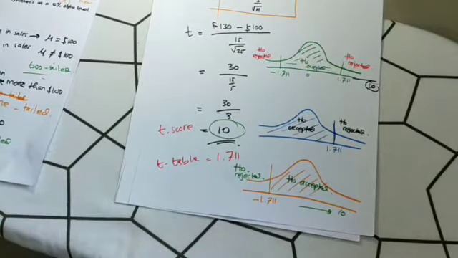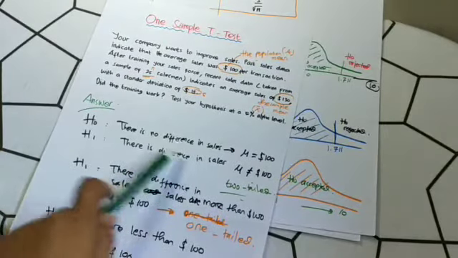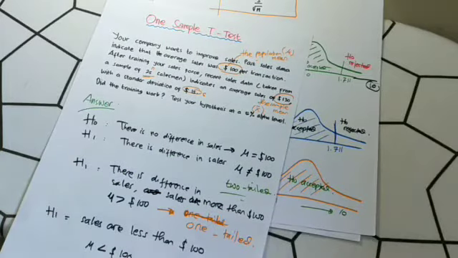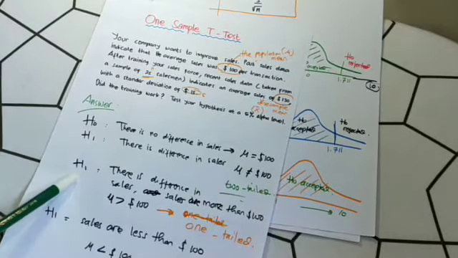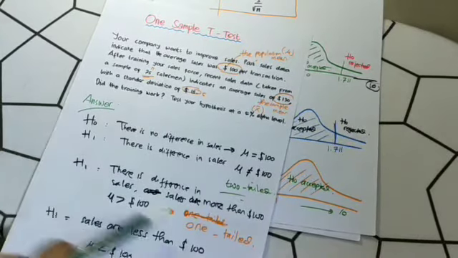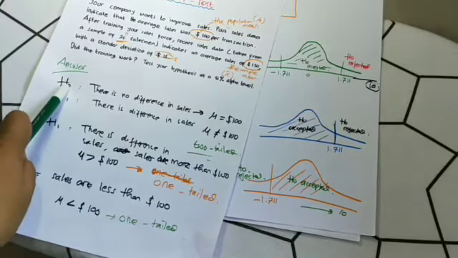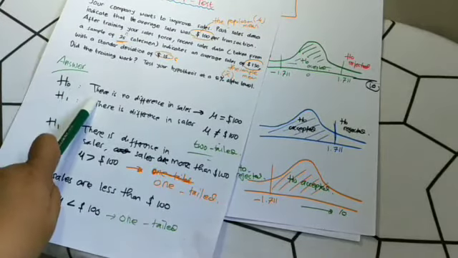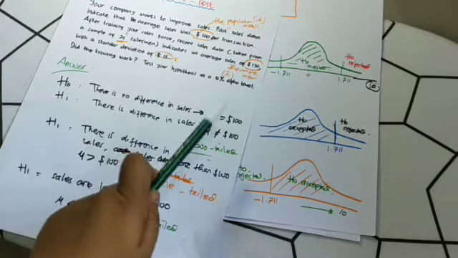So if it is one-tailed, the null hypothesis is not like this anymore. If it is one-tailed, your null hypothesis will follow the alternative hypothesis. It means for this one, the null hypothesis is sales are no more than $100.